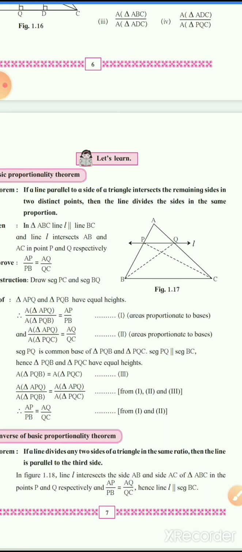Okay, then the line divides the sides, means this line L divides the sides, means side AB and side AC in the same proportion. Okay, so with the help of this figure we have to write given.